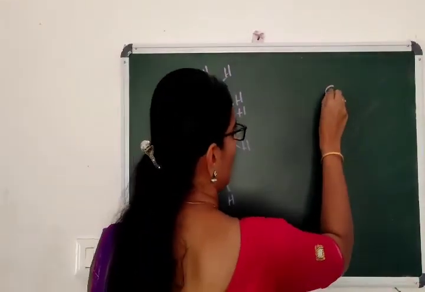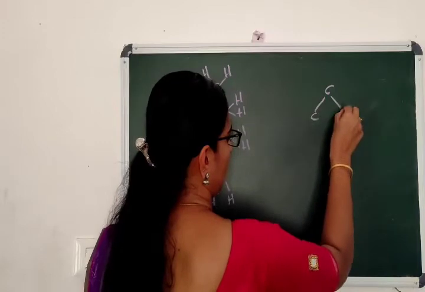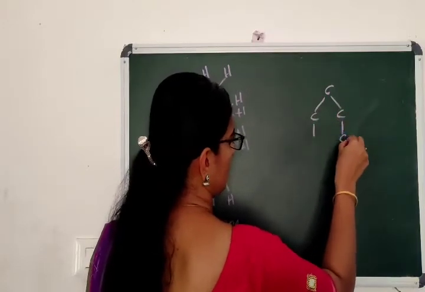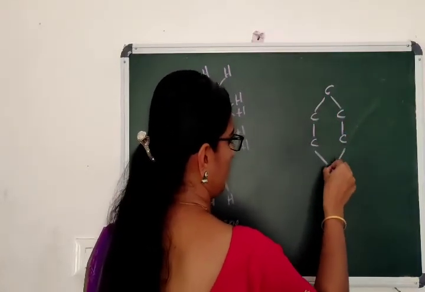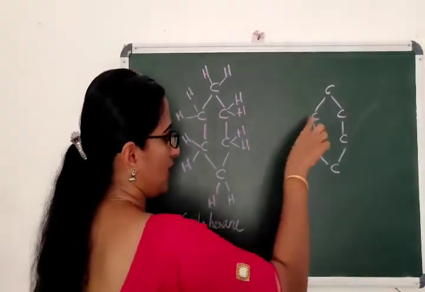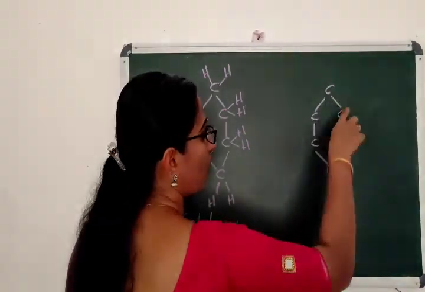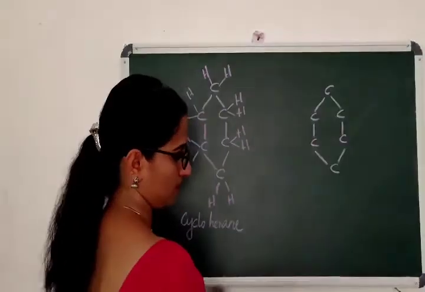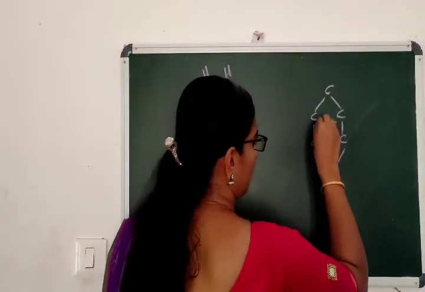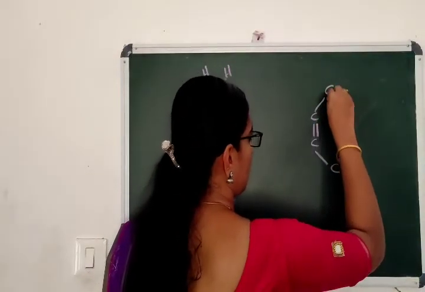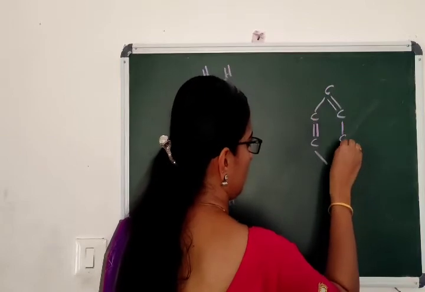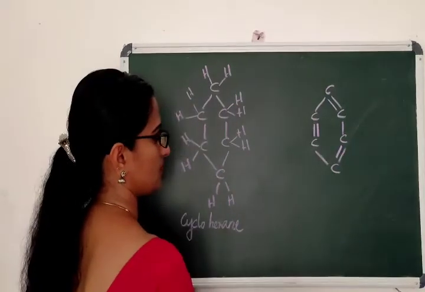For that, draw the 6 carbon ring again. And what you have to do is put alternate double bonds. If I put a double bond here, the next double bond will be here, and the next here.